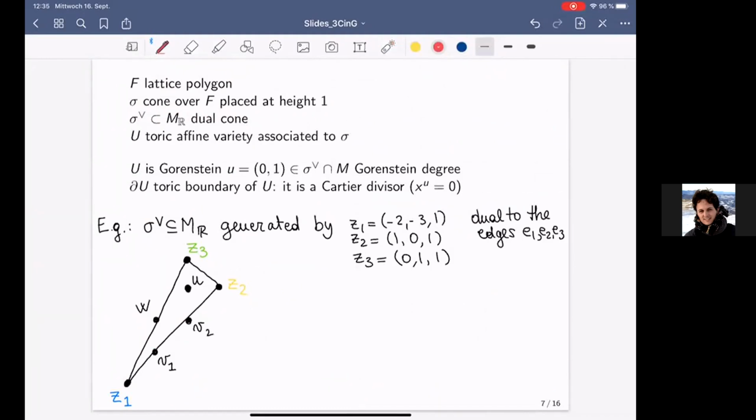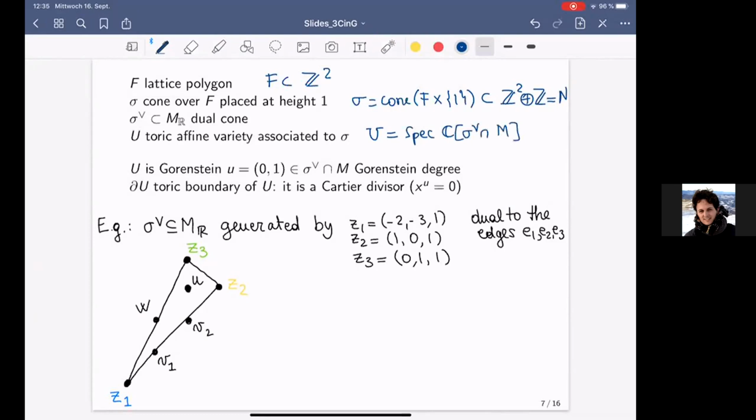So this is F inside Z^2, and then sigma is the cone over F times 1 inside Z^2 plus Z. So this is my N. And then sigma dual is the dual cone, and U is the toric affine variety associated to sigma. So in the previous example, F is this triangle here.